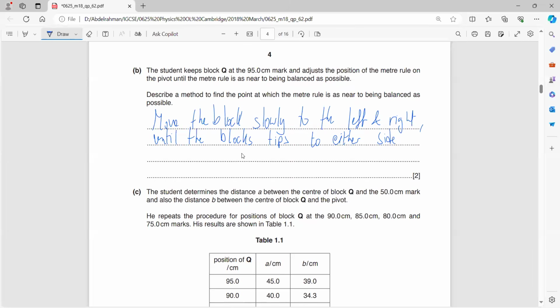And the balance would be somewhere in the middle.